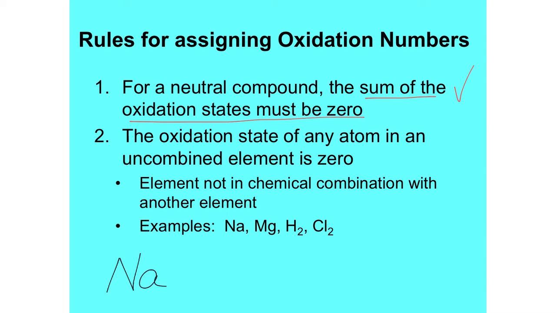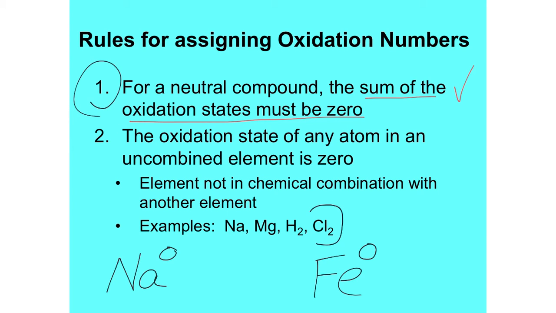But if Na is just all chilling by itself, it's going to have an oxidation state of 0. So if we have iron all alone by itself, its oxidation state is going to be 0. And really, that goes along with this first rule here, because if it's got to sum up to 0, and the only thing we have is one thing, it's got to be 0.